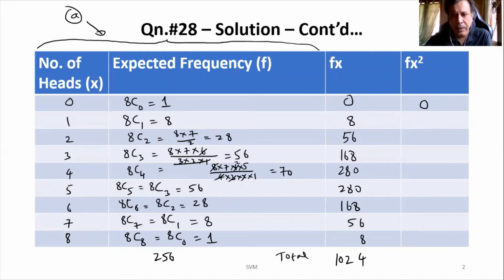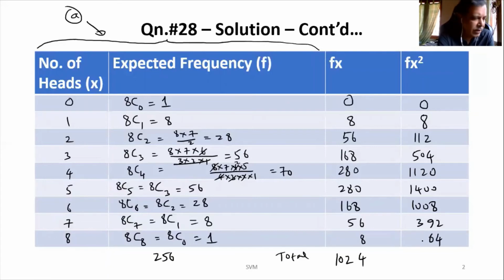Then 8 into 1, that is 8. 56 into 2, it is 112. 56 into 2, yes, 112. 168 into 3, it is 504. 280 into 4, it is 1120. 280 into 5, it is 1400. 168 into 6, it is 1008. 56 into 7, it is 392. 8 into 8, it is 64.